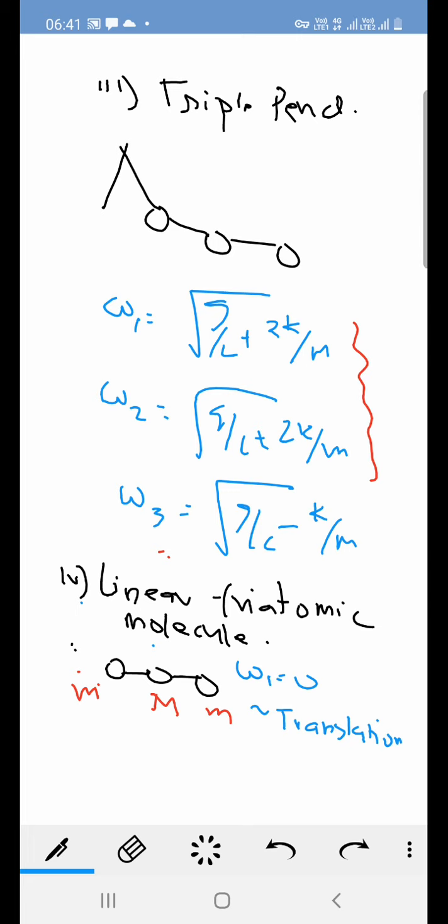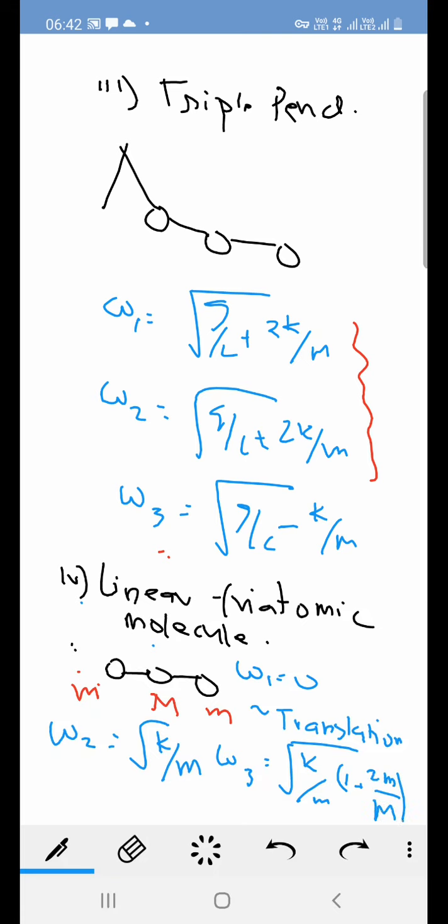Those which are associated with oscillations are omega 2, which is the normal k by m, and omega 3, which is equal to k by m times the bracket 1 plus 2 small m by capital M. So these are the 3 frequencies involved in a linear triatomic molecule.